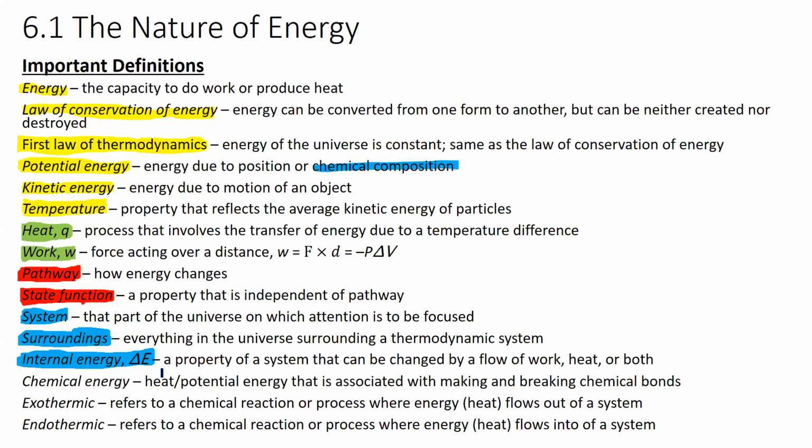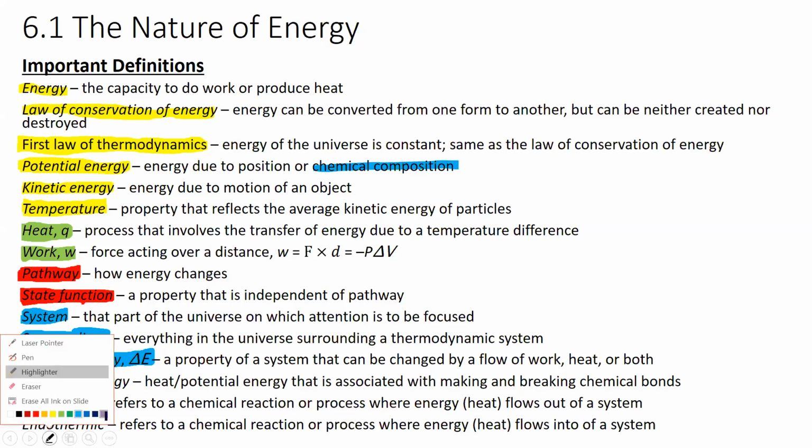If the ice cube is the system, it is melting, its energy is going up as it draws heat from my hand, okay? And so the internal energy of that ice cube is going up because of the flow of heat to the ice cube, okay? And so when we think about internal energy, we're really thinking about a system that we're looking at, we're studying, okay?